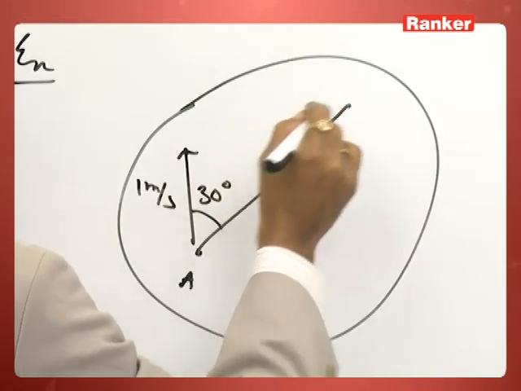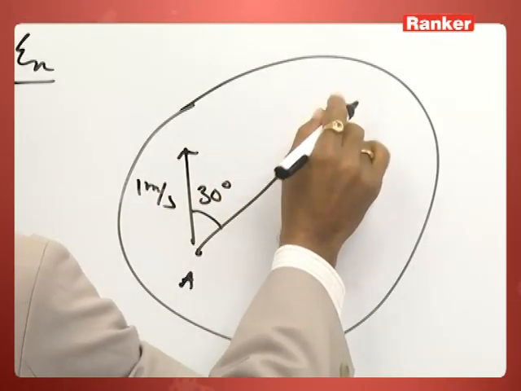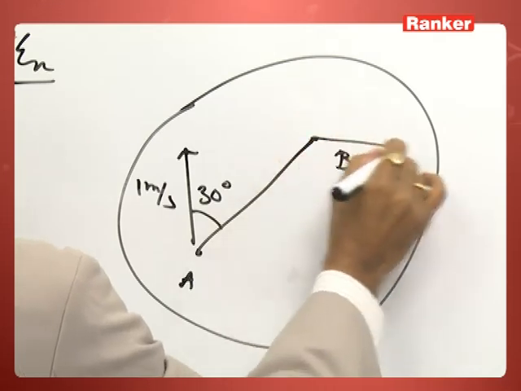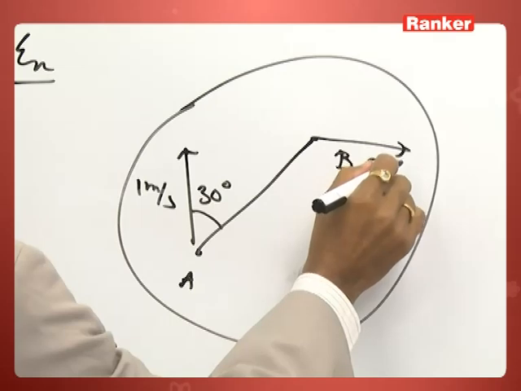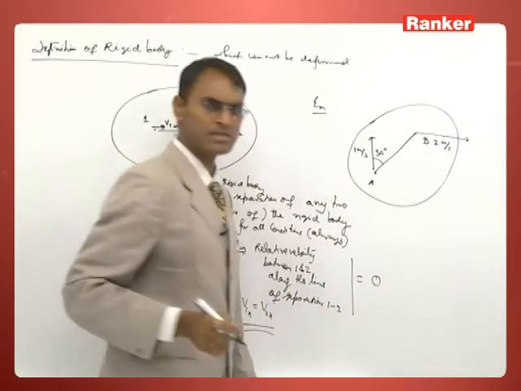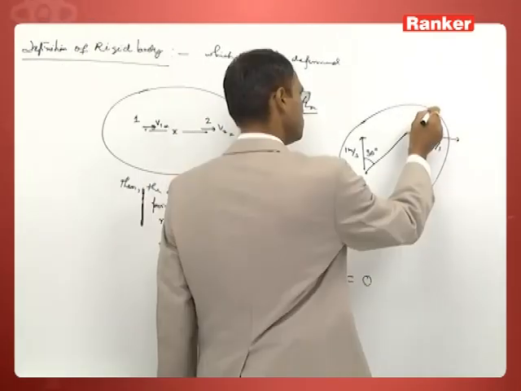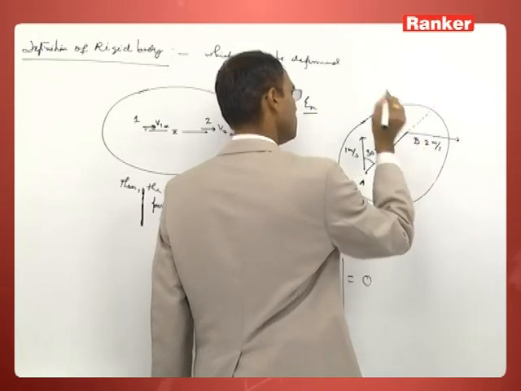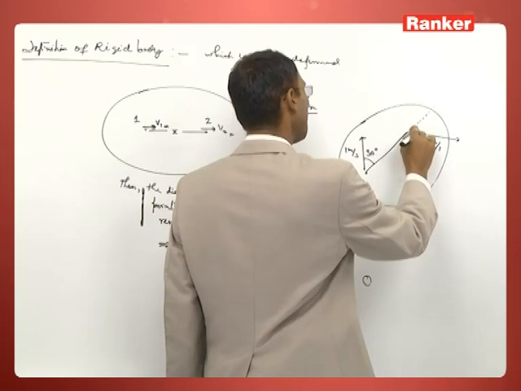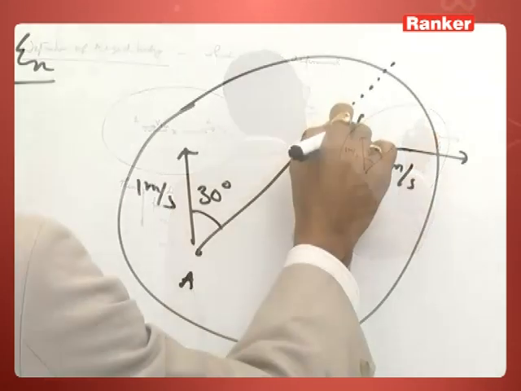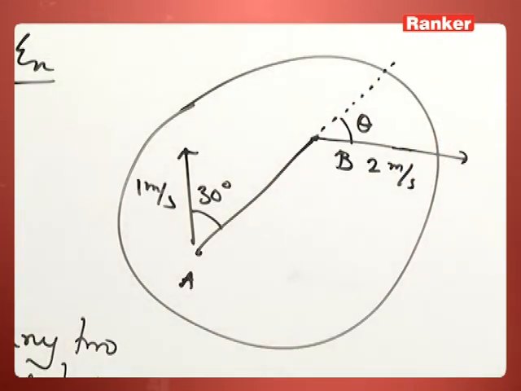This point, say, moves in this direction with velocity 2 meter per second. Calculate this angle theta.